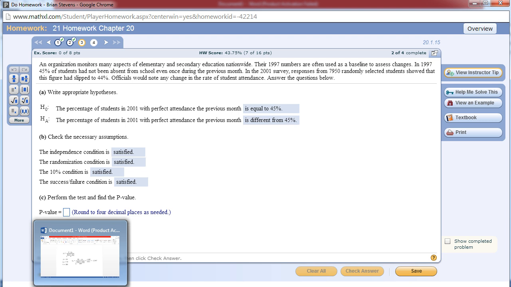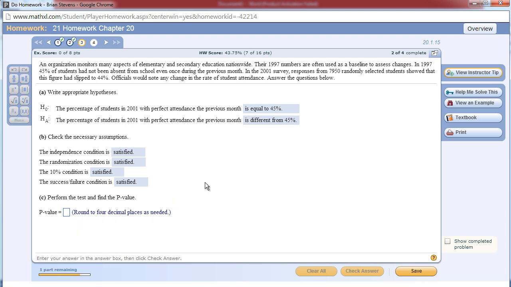For x, you have to type in 7,950 times 0.44. We are getting the number of successes. My number came out as a whole number, but you have to round up or down if you get a decimal. For n, we need to enter in the total number of samples, 7,950.